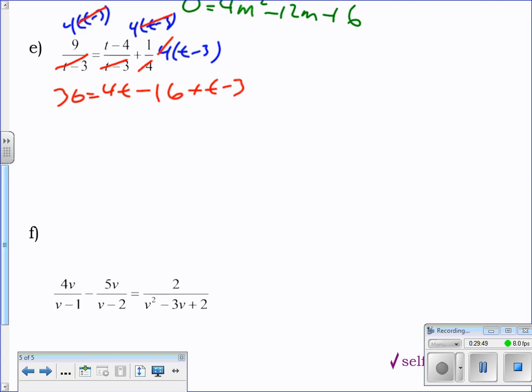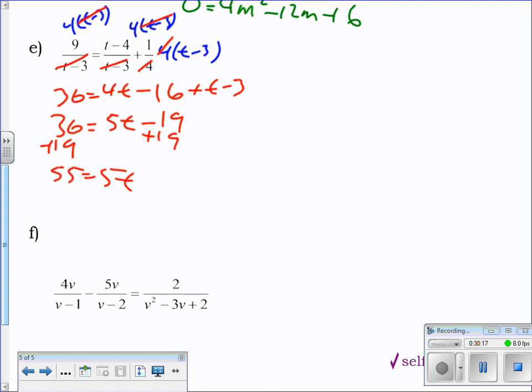Combine like terms. 36 equals 5t minus 19, right? Add 19 to both sides, and I get 55 is equal to 5t, is that right? 55?